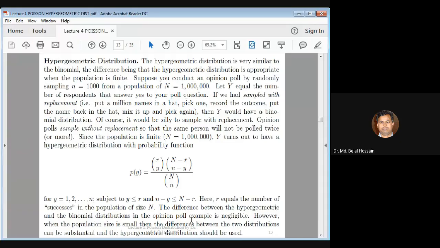But if you consider a polling event, a voting event, one person cannot vote twice. Of course, it is not like that in our country. So one person should not vote twice, and this is called without replacement.